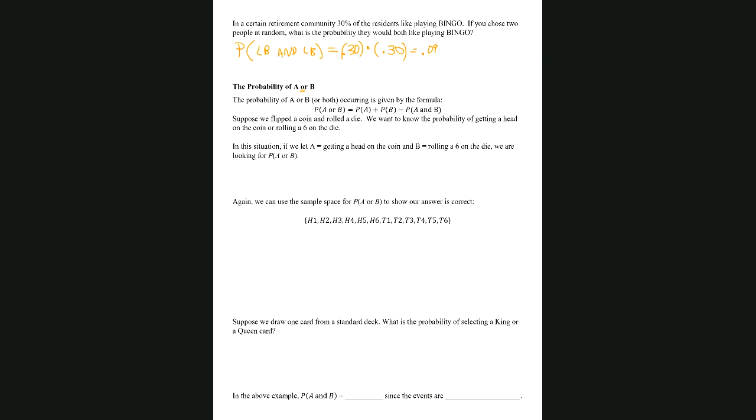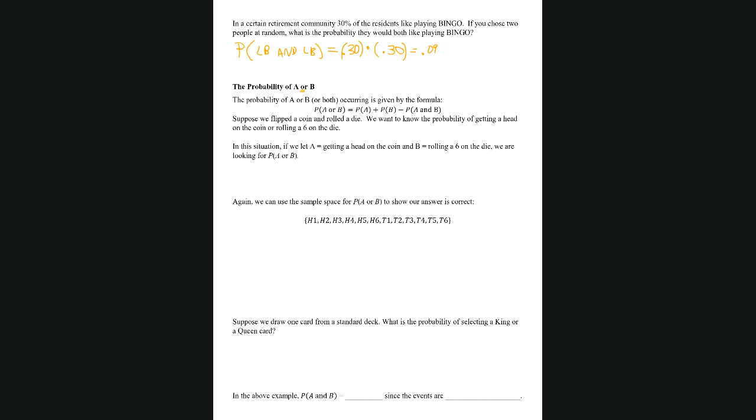But if you're talking about or, then what you mean is the probability that just A occurs, or just B occurs, or that A and B occur together. So OR includes any combination of A and B occurring. So the probability that A or B or both occur is given by this formula.